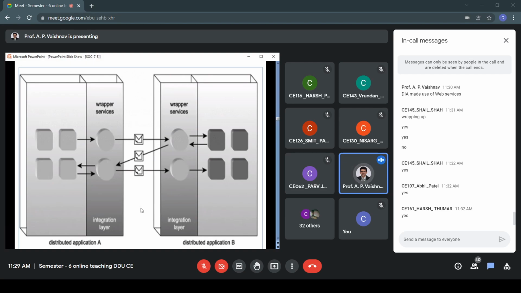So hybrid web service architecture does not qualify as true SOA. Why? Because the logic is not partitioned properly. That means we are not following the principles of SOA for dividing the logic. That is one point. Second, we are having point-to-point connection.